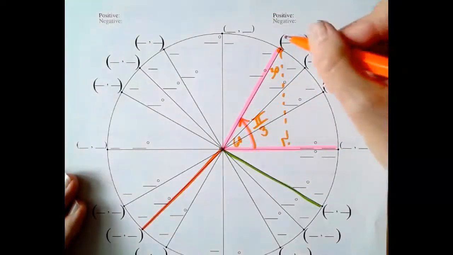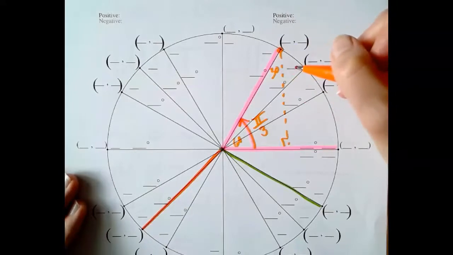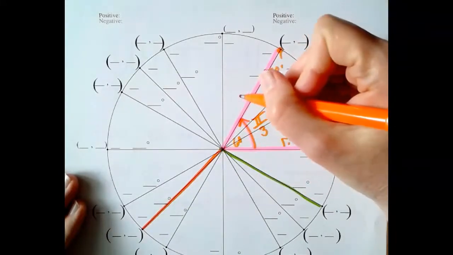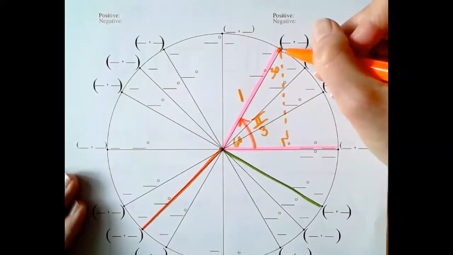Remember, this is how we're getting these coordinates. Also remember that this is a unit circle, so we're talking about a radius of 1. So our hypotenuse here is 1.